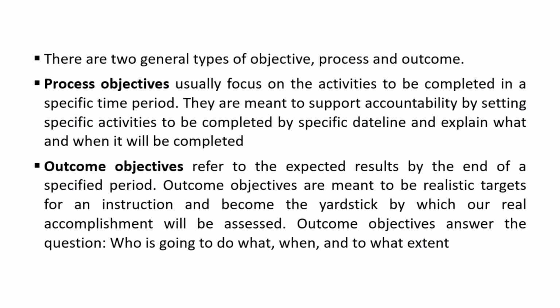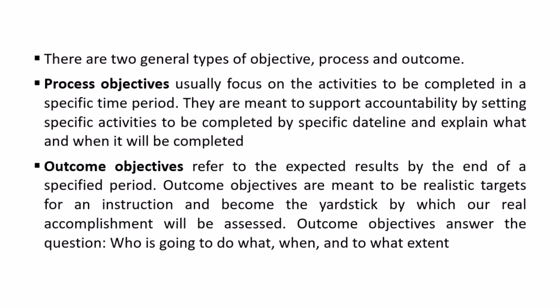Process objectives usually focus on the activities to be completed in a specific time period. They are meant to support accountability by setting specific activities to be completed by a specific deadline, and explain what will be completed and when. Outcome objectives refer to the expected results by the end of the specific period.